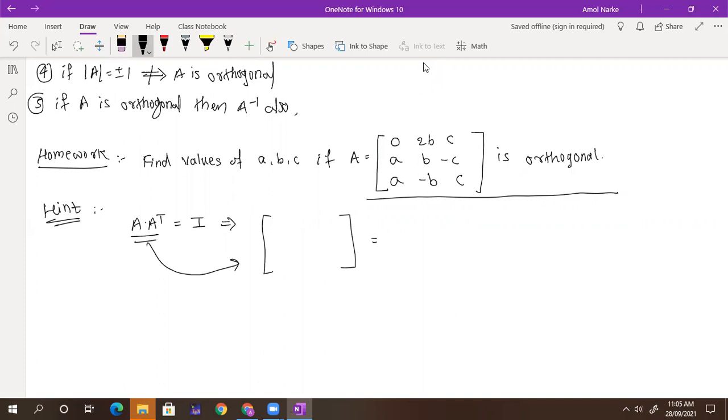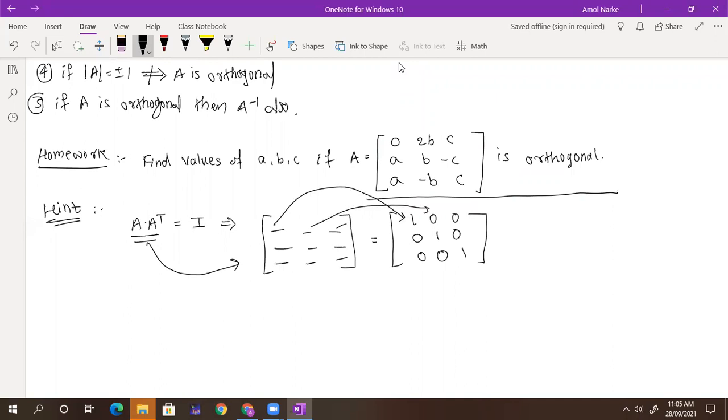You will get one value or more than one value for a, b, c. Whatever terms you get, those 6 terms after multiplying A into A transpose, just compare them with the corresponding elements and find the values of a, b, c. That is what you can do. It's very simple. It's not that hard. Okay, clean and clear.